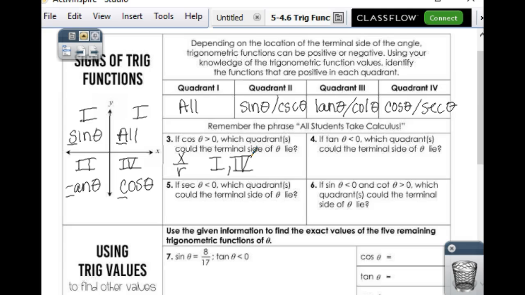So if the tangent of theta is less than 0, so the tangent is y over x. What has to be true if the tangent is negative? Can both the x and the y be positive? If I have an x and a y that are positive, is that less than 0?